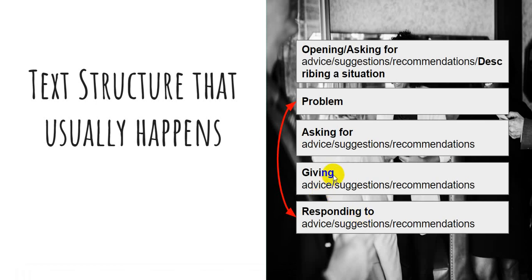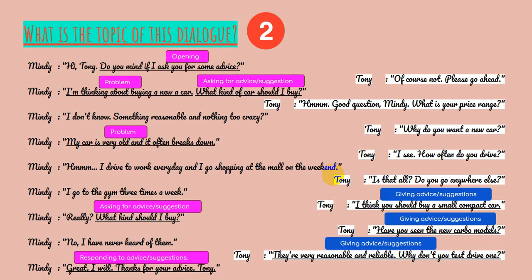Alright, that's about how to find a good arrangement for a dialogue consisting of asking for and giving suggestions. And the next one is, well, here you go again. You can see the same dialogue from the previous one.